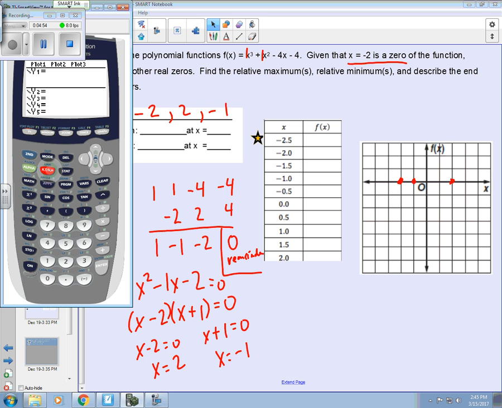So let's type in x to the 3rd power plus x squared, then minus 4x and minus 4, and hit graph. We should get what the graph of this one looks like, and you can see it does pass through those same points we talked about.